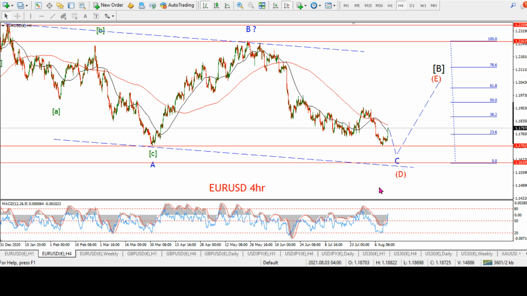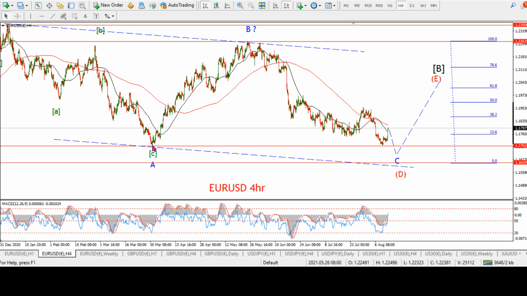So 3 waves down is still the expected result here. We didn't quite break. We're close in wave C, but we didn't quite break the wave A low at 117.0.